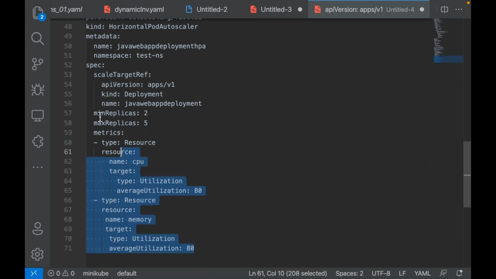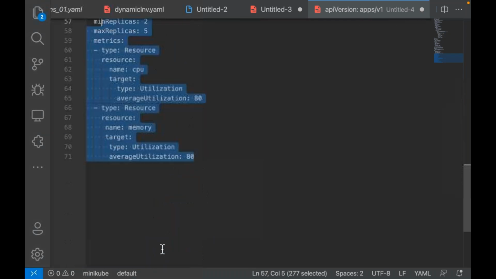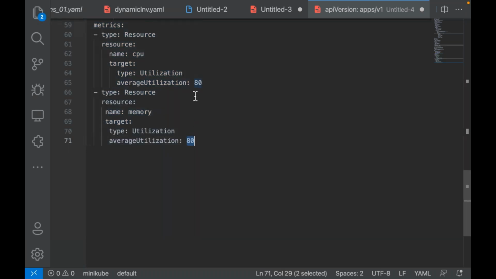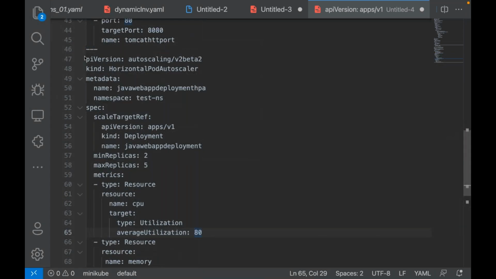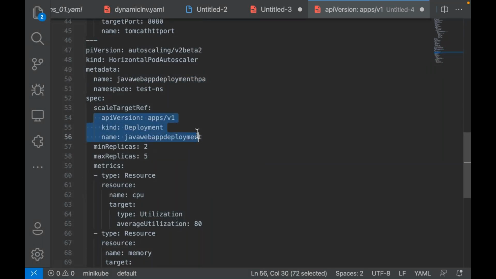Will my Java pods also be scaled up and down based on the load, based on the given utilization? Because I'm creating an HPA for that deployment also and targeting it, this horizontal pod autoscaler will look after these pods. This is how it works.